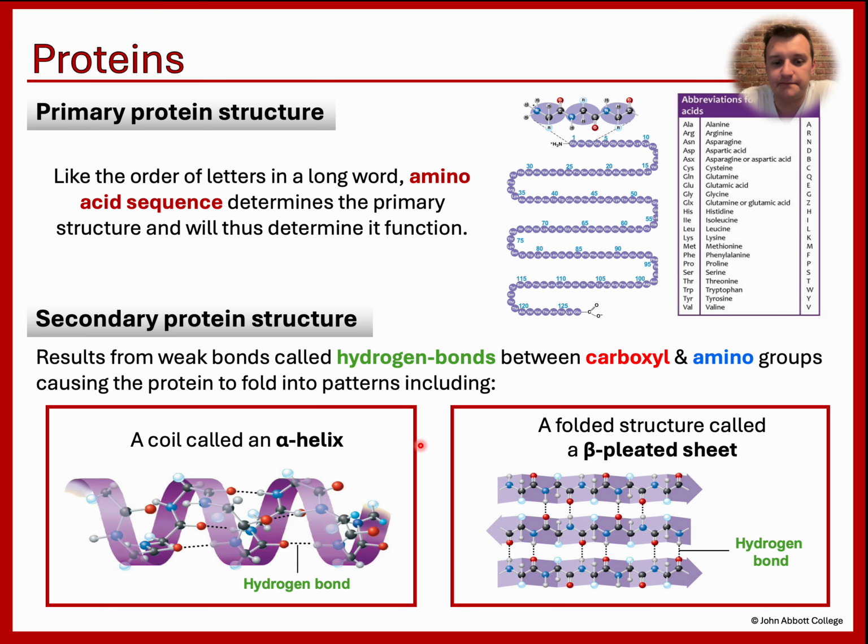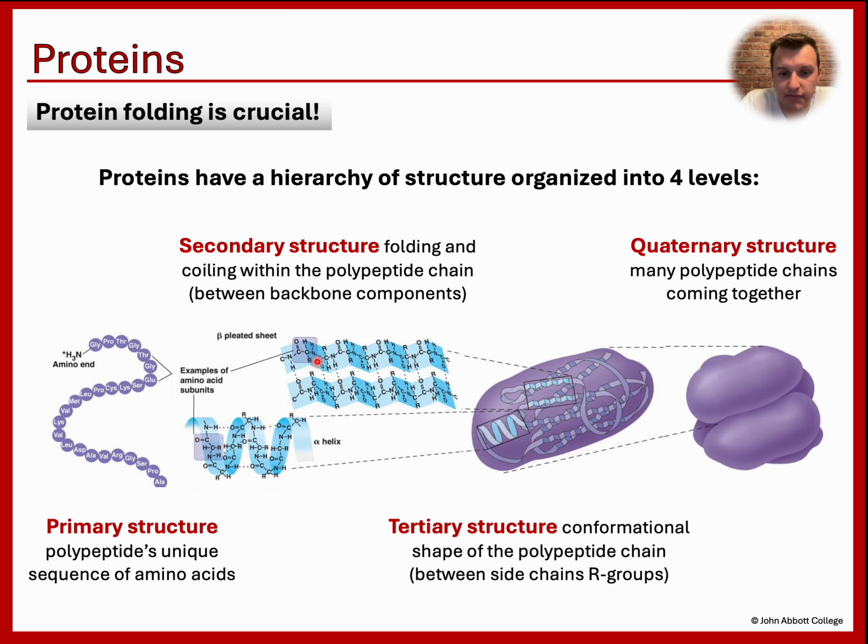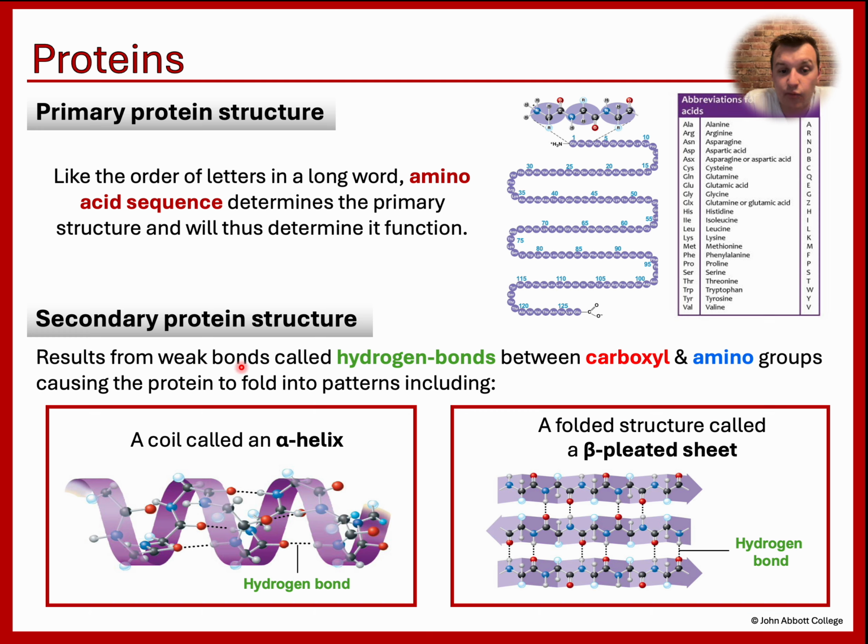Remember, that's important. The secondary protein structure, right, we said was over here. That results from weak bonds called hydrogen bonds between the carboxyl and the amino groups. And this will cause the protein to fold into patterns. We said there was 2, right?